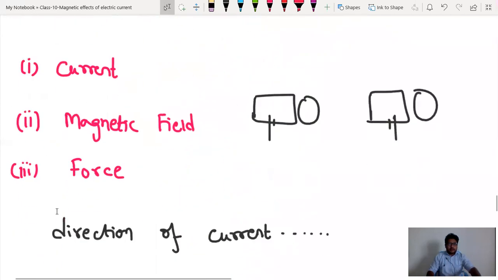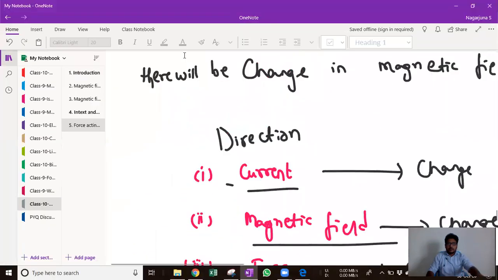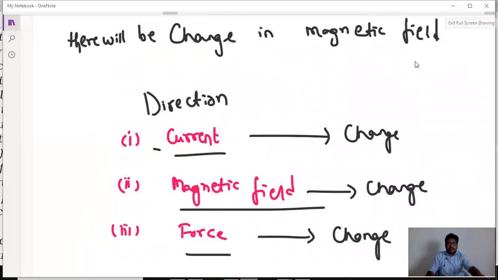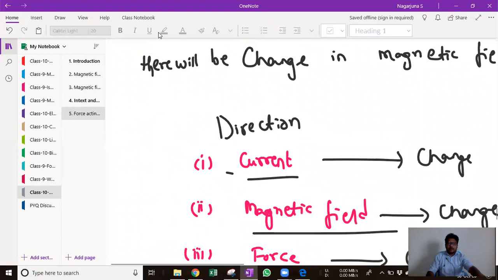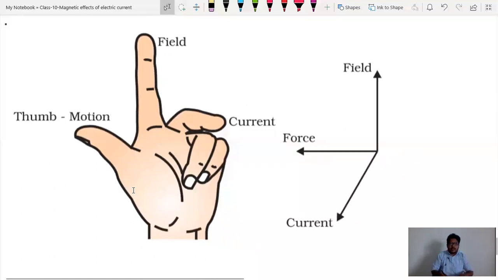So we are discussing Fleming's left hand rule. Here, this is the diagram which is showing Fleming's left hand rule. If you take your left hand, you need to open three fingers: thumb, index finger and middle finger.